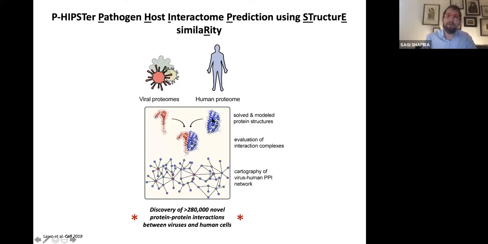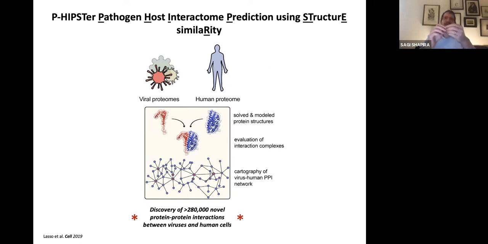And then we evaluate pairwise whether a pair of interactions is compatible or not. And with that, we build a sort of cartography of pan-virus human interactions. So we applied this to all human-affecting viruses. There are 1,000 human-affecting viruses. They're represented by about 13,000 proteins.